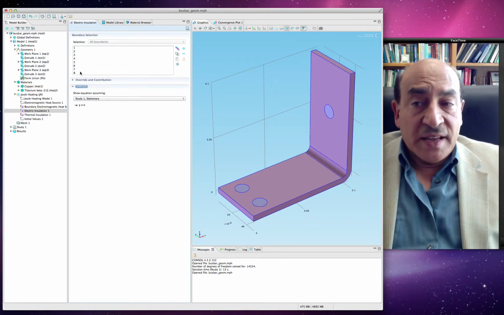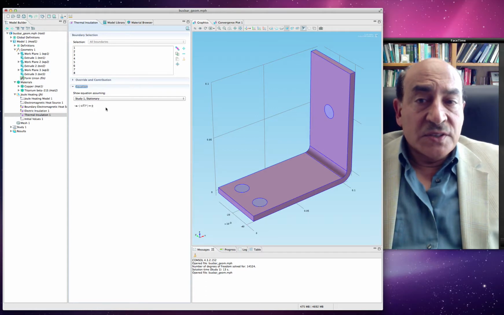And then if we look at thermal insulation, it is very similar. The equation for it is shown here, that the normal vector n times the heat flux, which is K gradient of T, is equal to 0. It means that there's no heat flux coming out. So the current is like the heat flux.